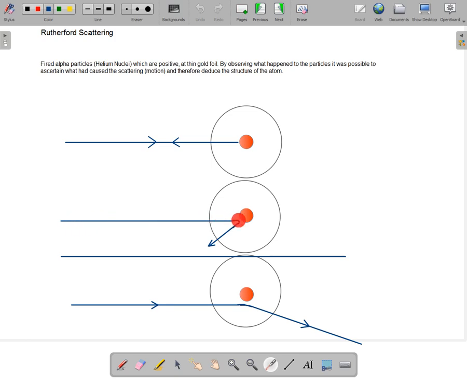But there were also some large angle deflections, which would have been caused by extremely large repulsions, and some interactions like this where the alpha particles were fired straight backwards. Those had to have been caused by the repulsion of a positive particle coming towards the positive nucleus. So that positive particle, the alpha particle, was fired straight backwards.